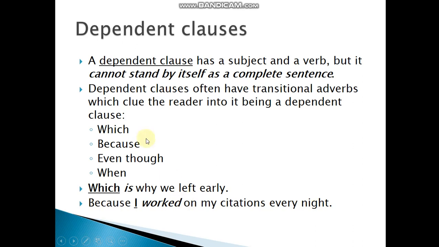Okay? So it's just so easy. Right after transitional adverbs like which, because, even though, when, and all the other transitional adverbs, it is a clue to us that it is a dependent clause. This particular clause right here is a dependent clause.